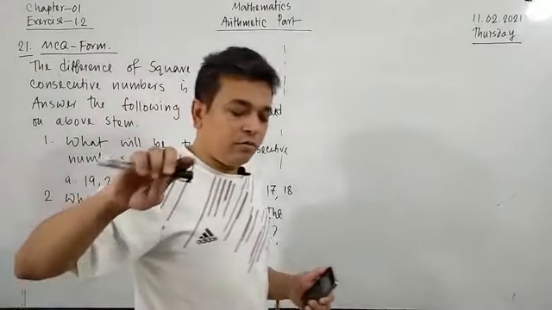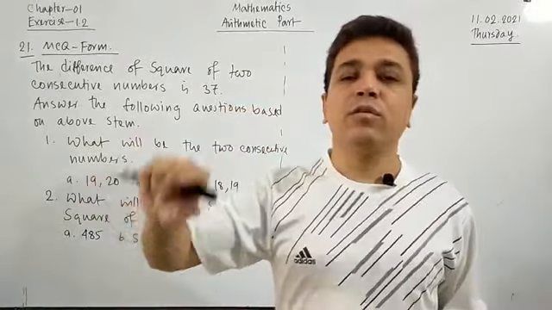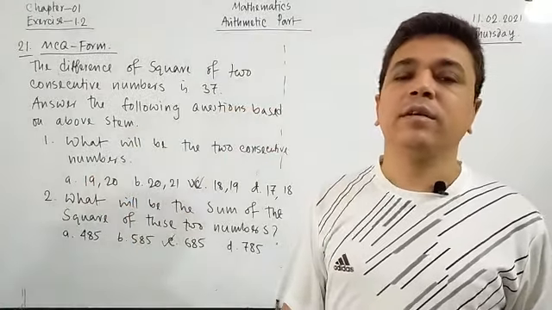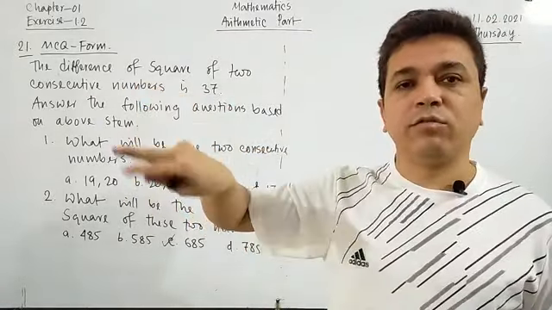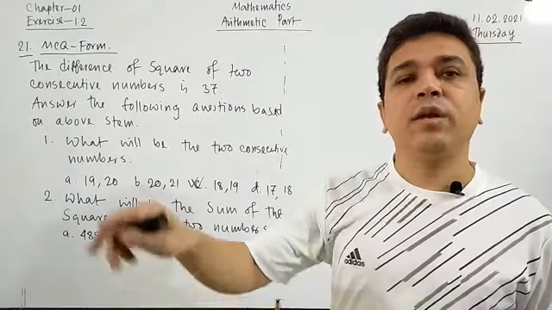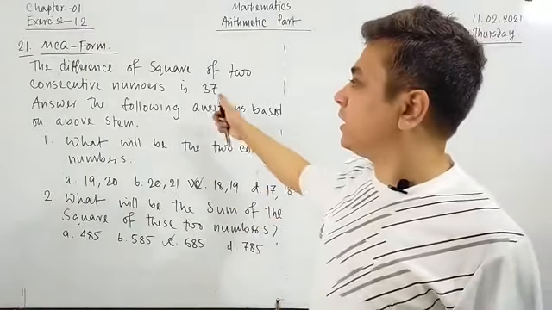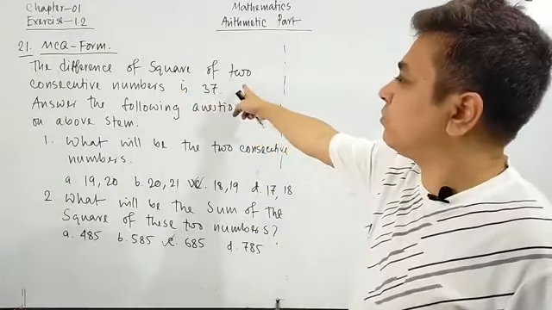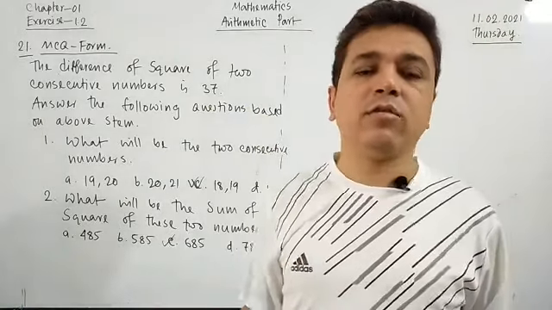Here the difference of squares of two consecutive numbers is 37, and we know that 37 is not a square number.